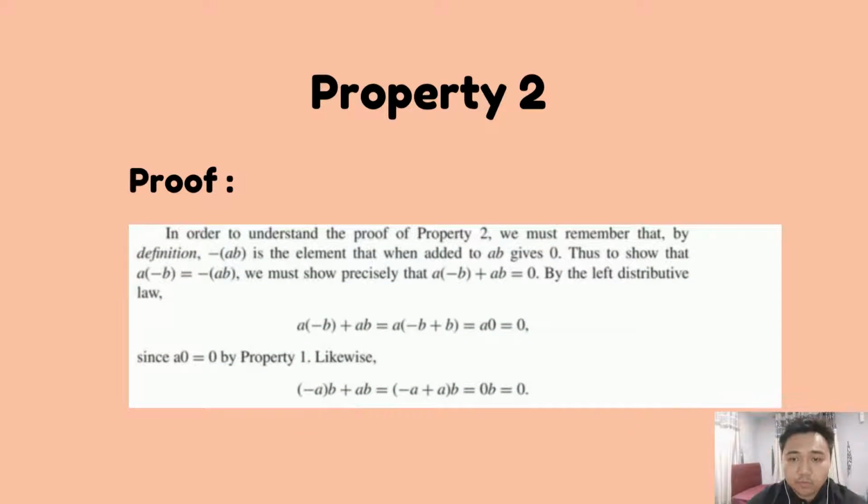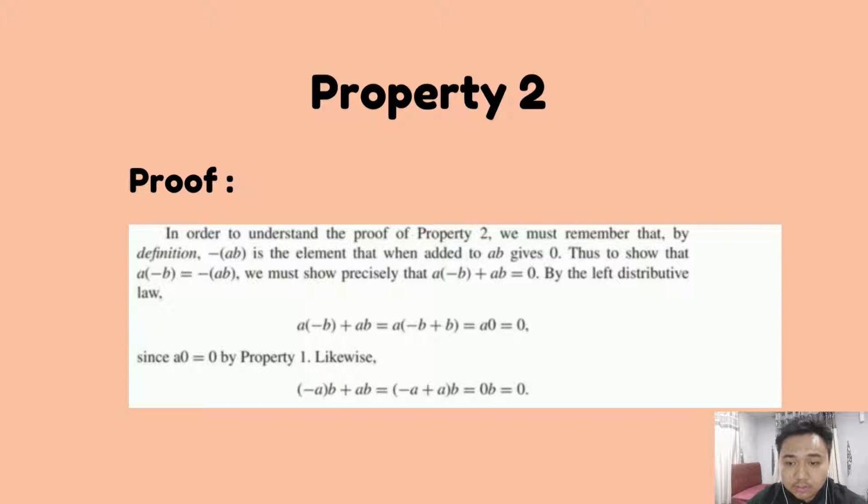Next, we move to property number 2. In order to prove property number 2, we must remember that by definition, negative of (A times B) is the element that when added to A times B gives us 0. Thus, to show that A times negative B equals negative of (A times B), we must show precisely that A times negative B plus A times B equals 0.